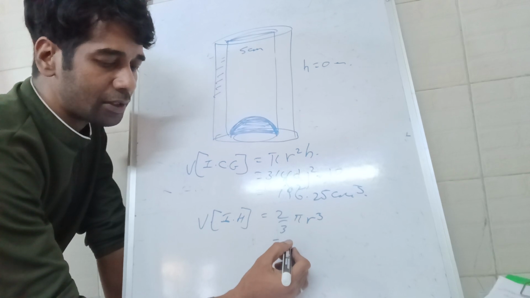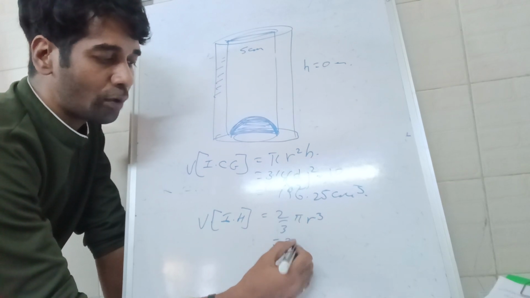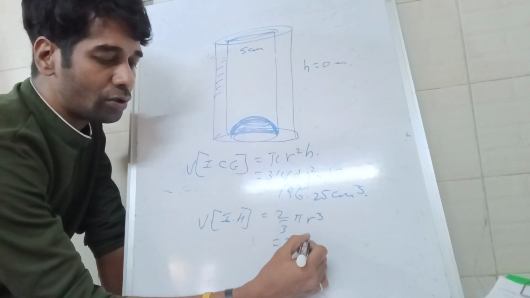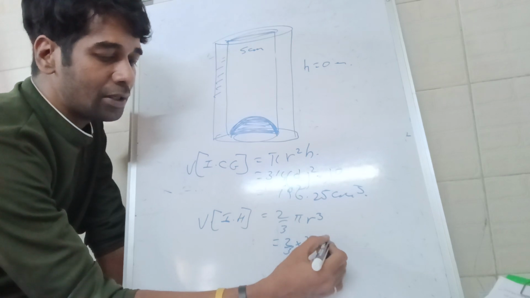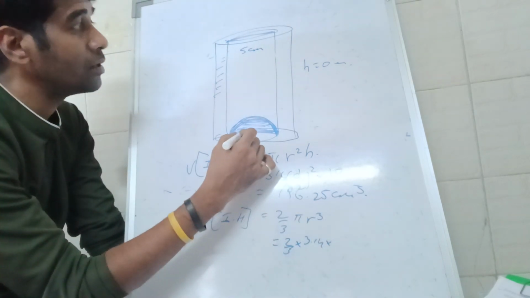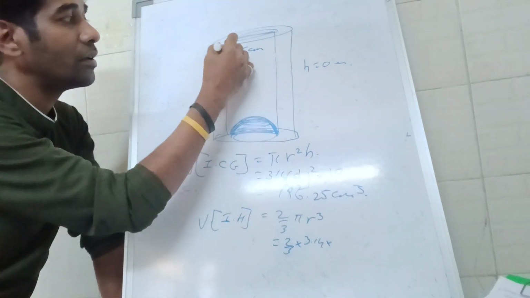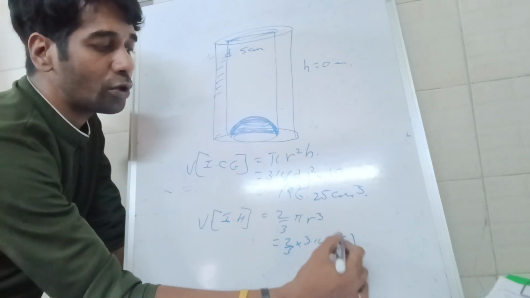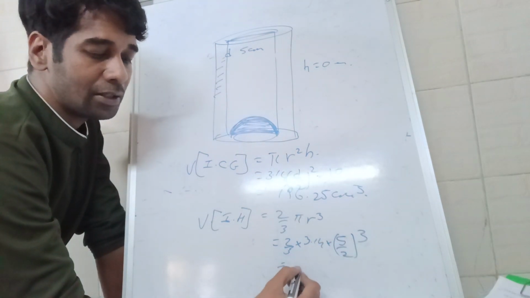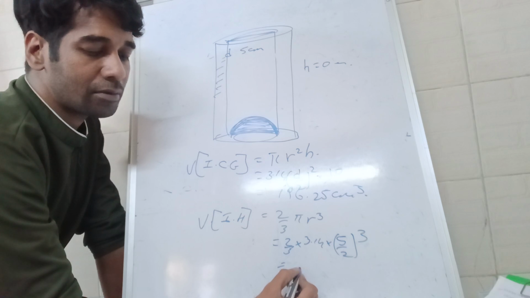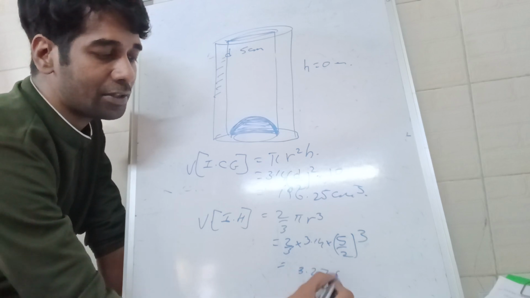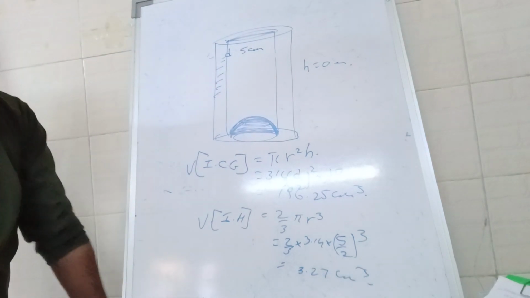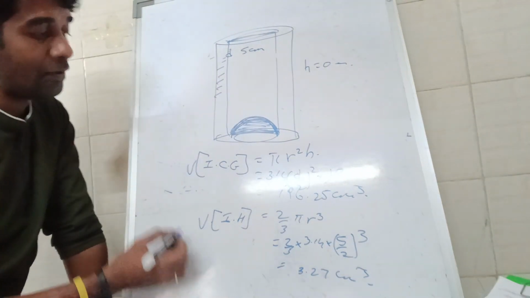Sorry, not 10 upon 2, 5 upon 2. 2 upon 3 into 3.14. The diameter was 5, so here it will become 5 upon 2, the whole cube. Solving this, I'll get 3.27 centimeter cube.